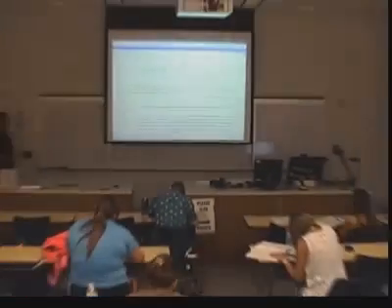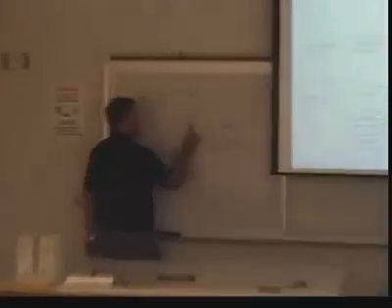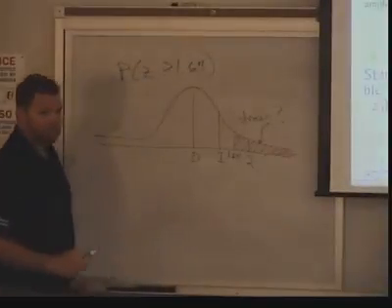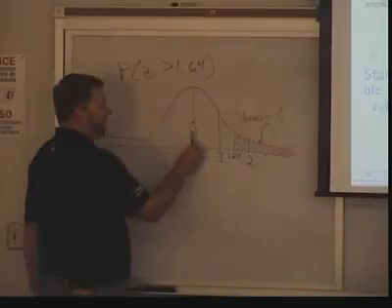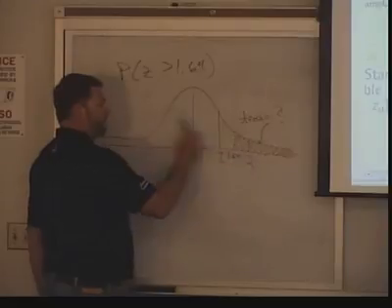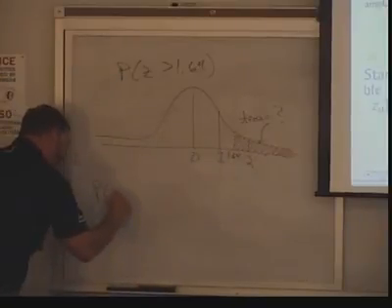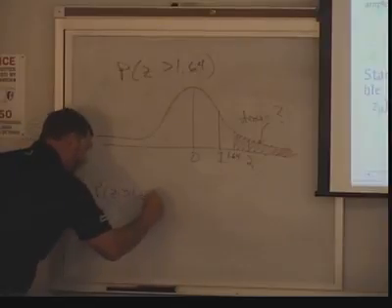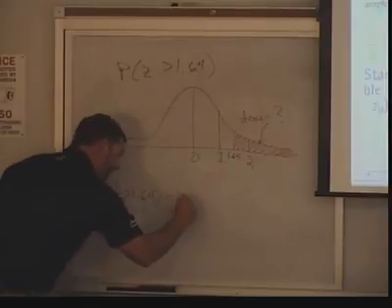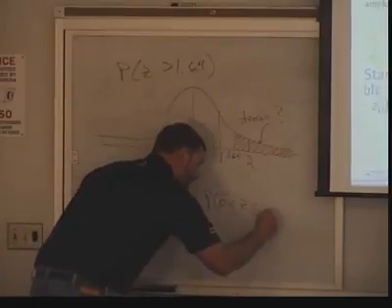So what I'm going to do is go to the z chart. I know to the right of 0 is how much? 0.5. So I'm going to find what the area is between 0 and 1.64, and then do 0.5 minus that area. So another way to write this is the probability that z is greater than 1.64 is equal to 0.5 minus the probability that 0 is less than z is less than 1.64.